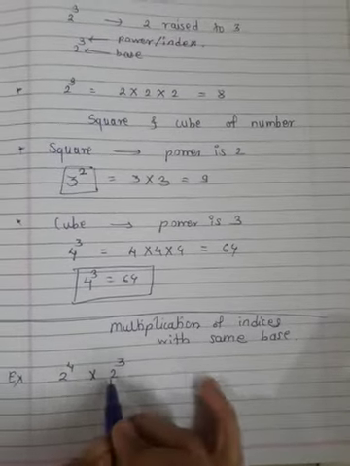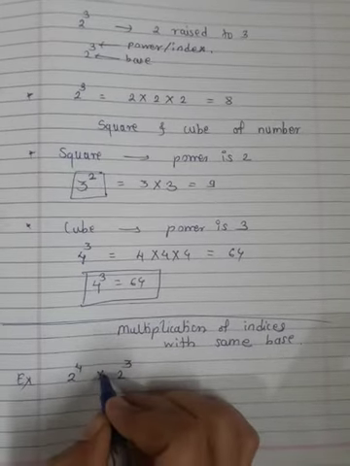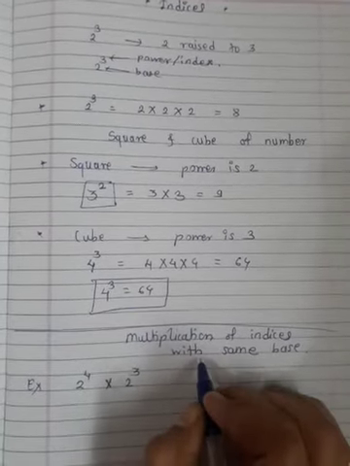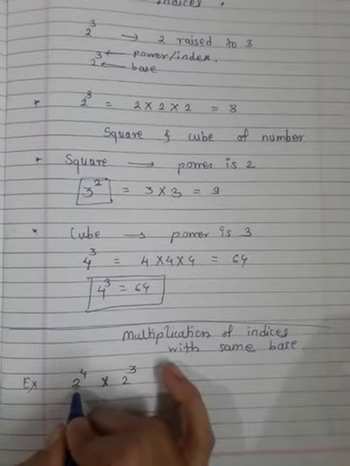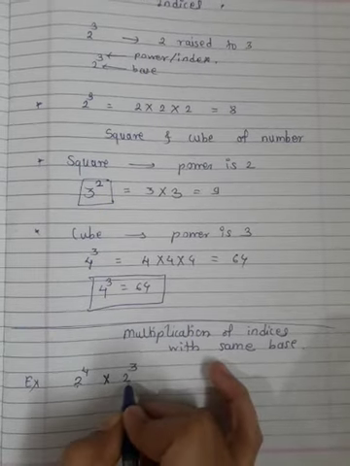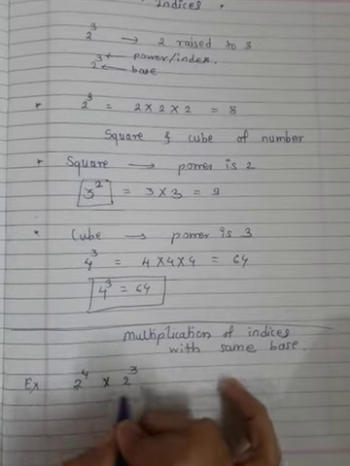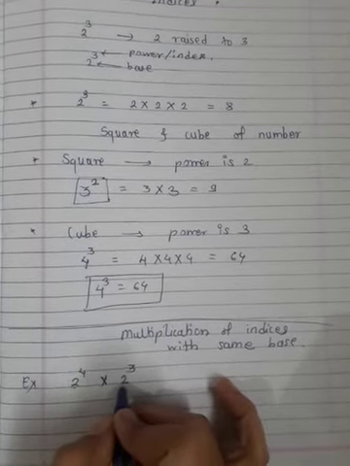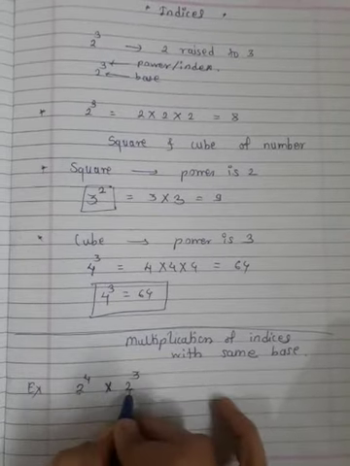These are the indices 2 raised to 4 and 2 raised to 3, and we multiply them. The base of this index is 2, and the base of the other index is also 2, so their base is the same.